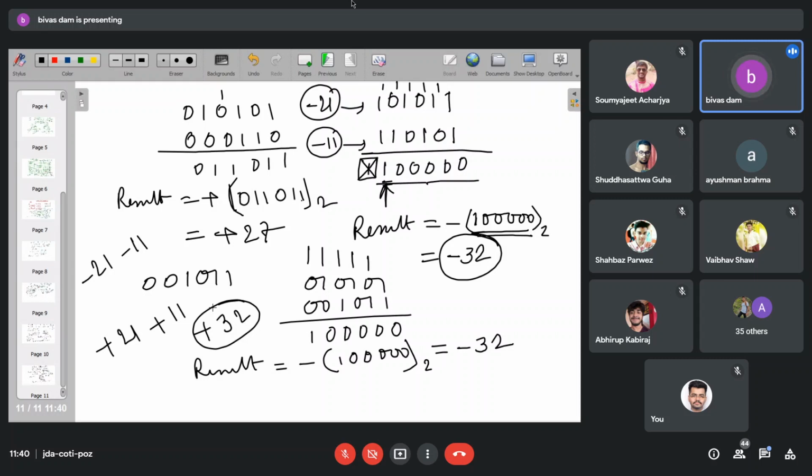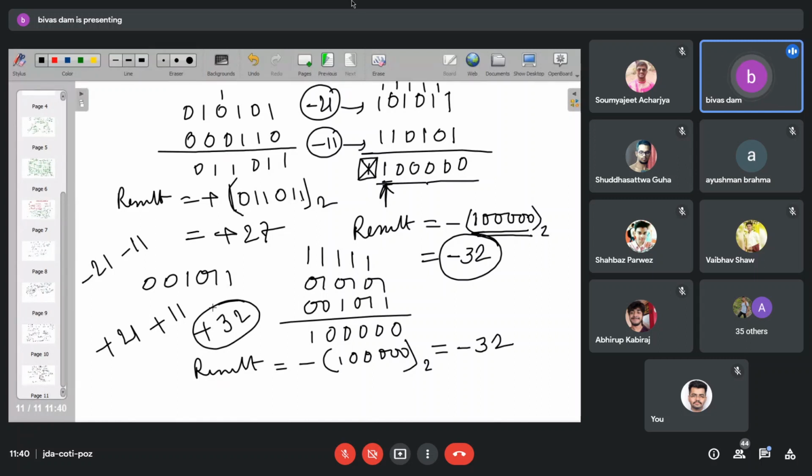But if the operands are of the same sign, then there may be overflow, or may not be. But how will you find out overflow has occurred?